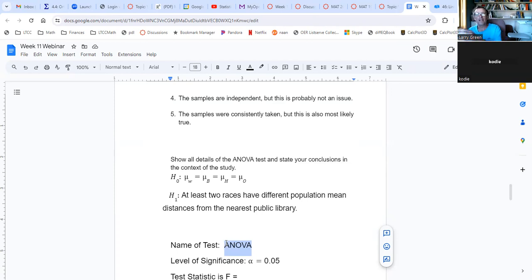Notice it's a number and not a yes/no question or some qualitative question. And also, we don't have 1 or 2 groups. We have 4 different groups. And when you have 4 groups and you want to see if they all have the same population means, that's ANOVA. Any questions so far?